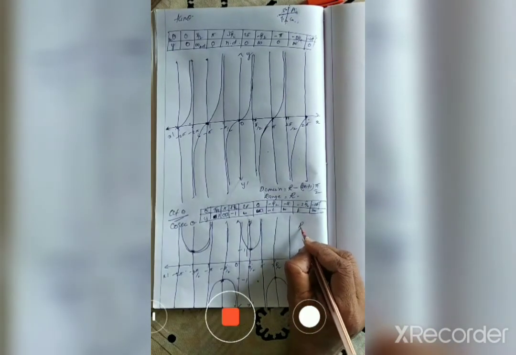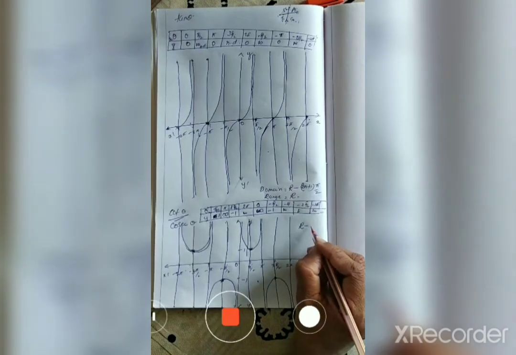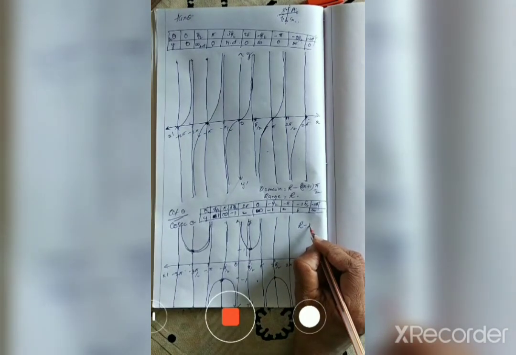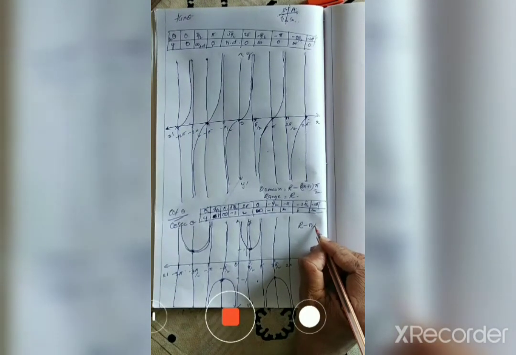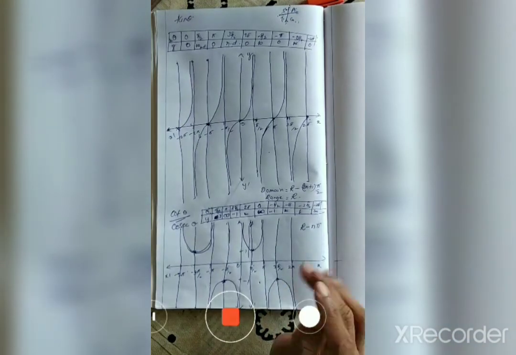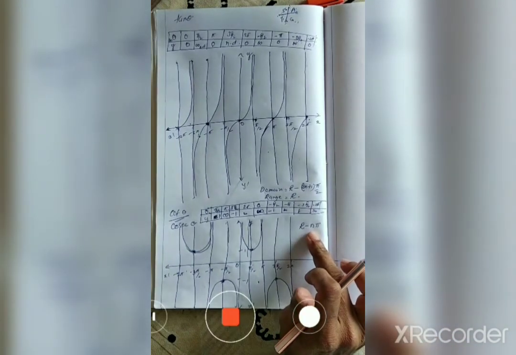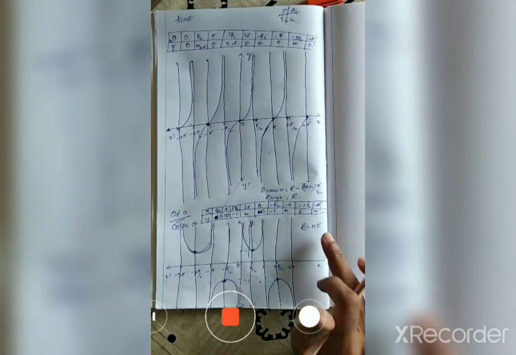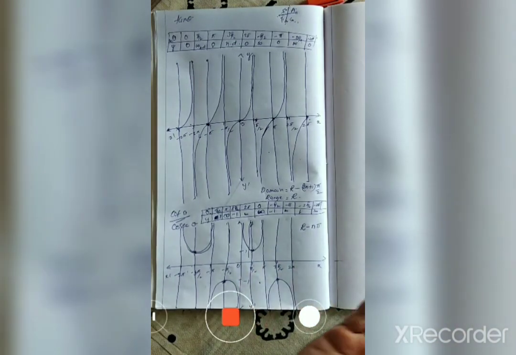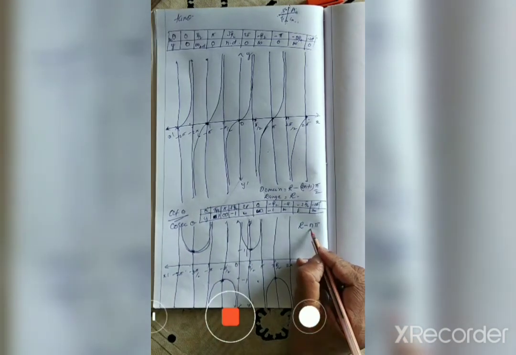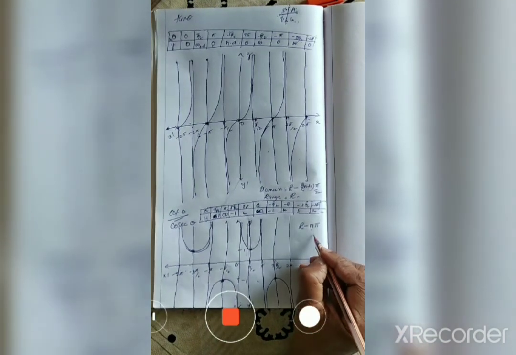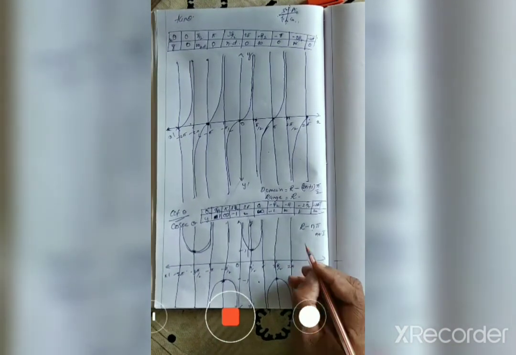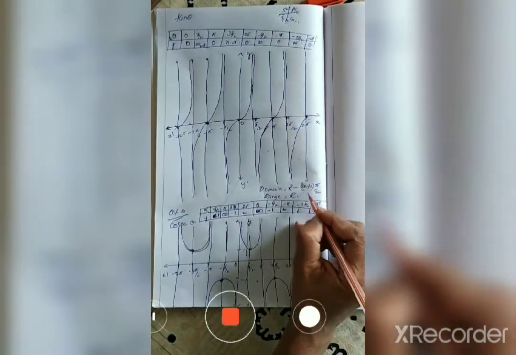The domain is the set of all real numbers minus the multiples of pi, that is 0, pi, 2 pi, 3 pi, 4 pi, and similarly on the negative side. So R minus n pi, where n is any integer.